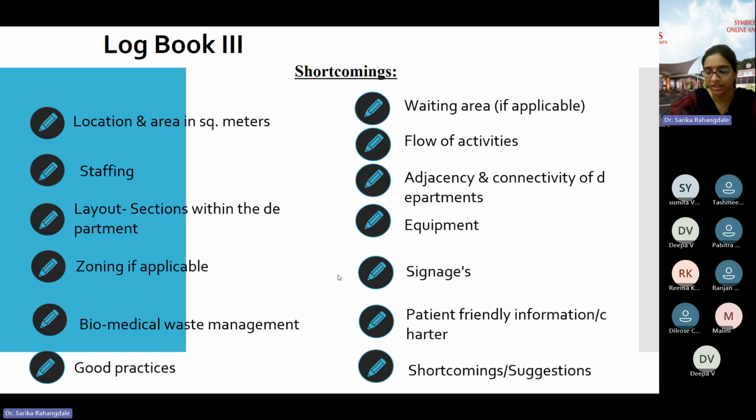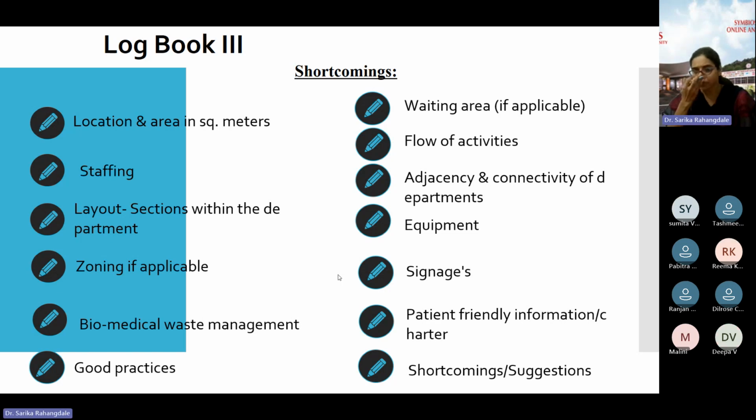Flow of activities: you have to mention what activities are happening in the department. Then adjacency and connectivity of the department. Just now we talked about whether the departments which are required to be located nearby that particular department are available or not. How is it connected, if there is a ward? How is it connected with the operation theater?